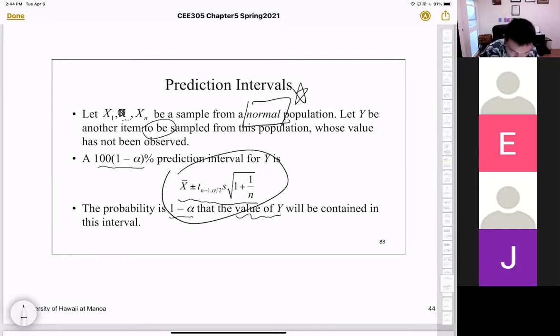We use the t value with degrees of freedom n minus 1 and half alpha. And S is the sample standard deviation.